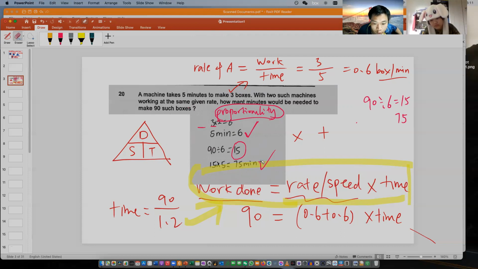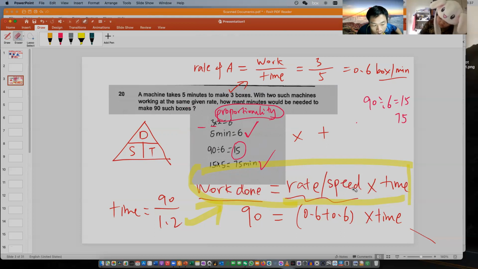Okay, so I want you to know that this concept of proportionality, yes, it works this time because this question is slightly easier. But going forward, questions on speed or rate are going to be harder. So I think you should start to use the formula: work done is equal to rate times time. I want you to learn this formula.